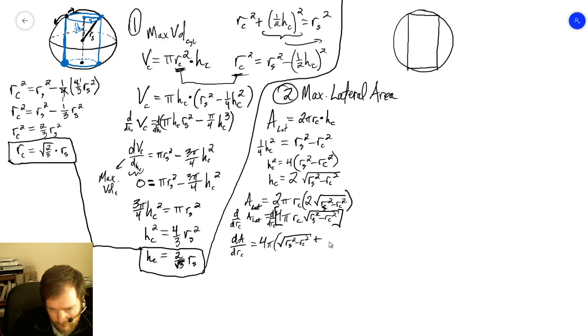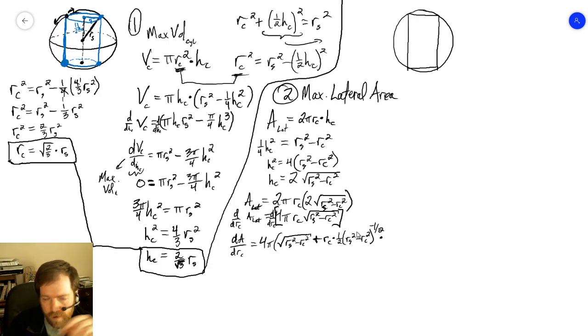And then we're going to add what happens if we leave rc and then take the derivative of the other term. So that's going to be multiplied by 1/2 rs squared minus rc squared raised to the negative 1/2 multiplied by the derivative of the inside.